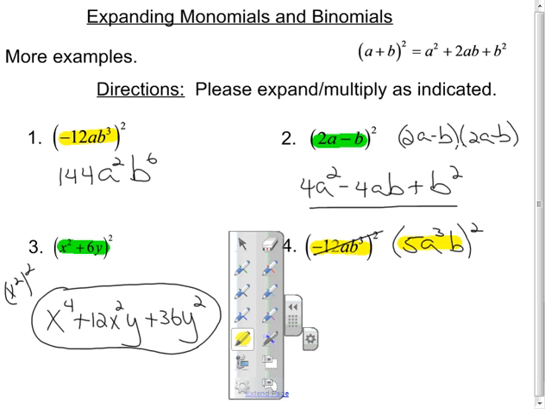So let's take a look at that. I'm just going to square each factor and get 5 squared is 25. A cubed squared, if you're not sure about it, you could write it in the margin, but you should remember that that rule is very quickly just to multiply the exponents, which is going to give me a to the 6th. And then I'll square the b and get b squared.